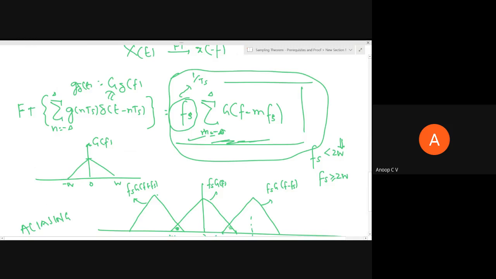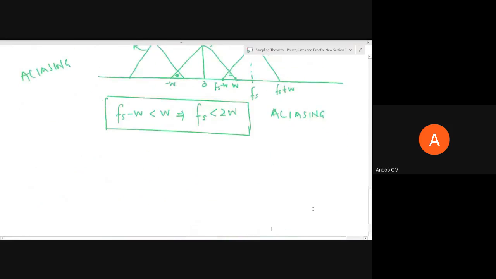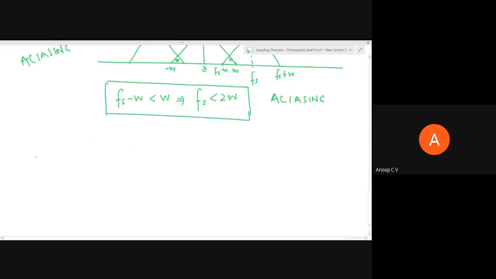I'm going to slightly rewrite this below. So our G delta of f is nothing but fs times the summation, m from minus infinity to infinity, of G(f minus m fs).